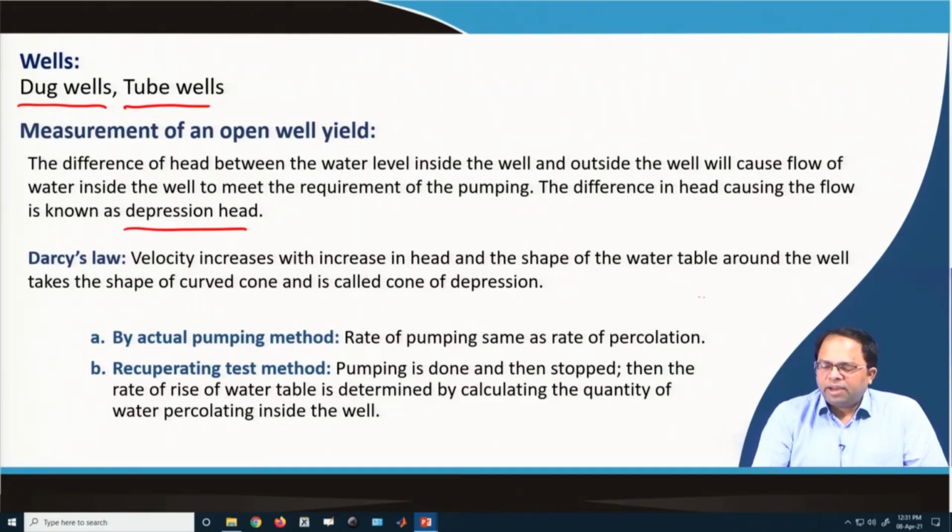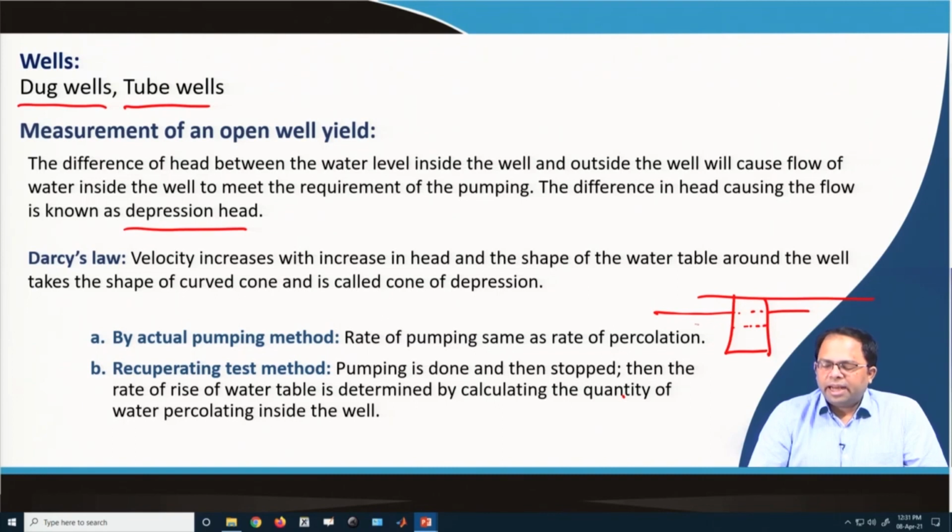So, if I have a ground level and a well, and this is the water table in that area, when we draw water, suppose the water level in the well is over here. Definitely there is a difference in hydraulic gradient between the well and the surroundings, right.